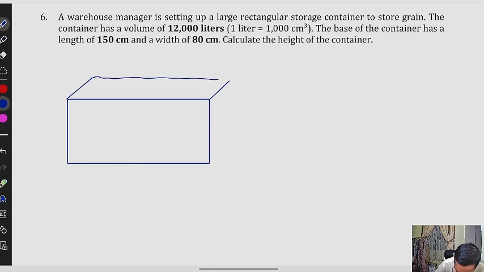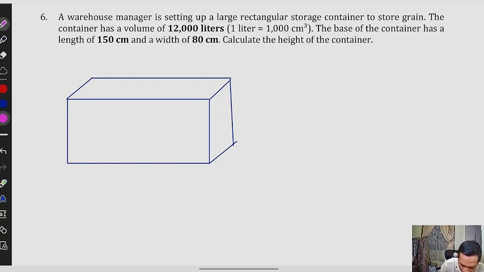Wait, let me make it better. Okay, it's better, but it's not straight. Okay, this is the rectangular storage container to store grain.